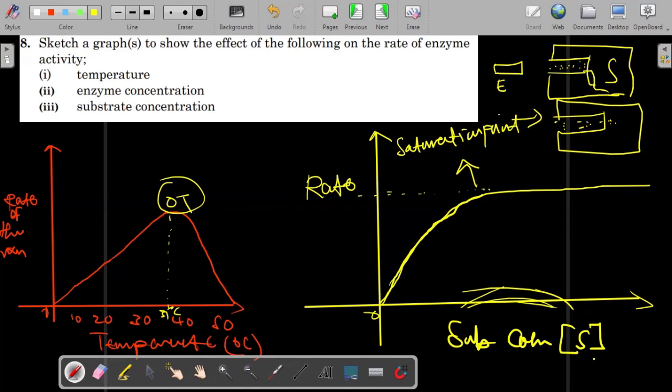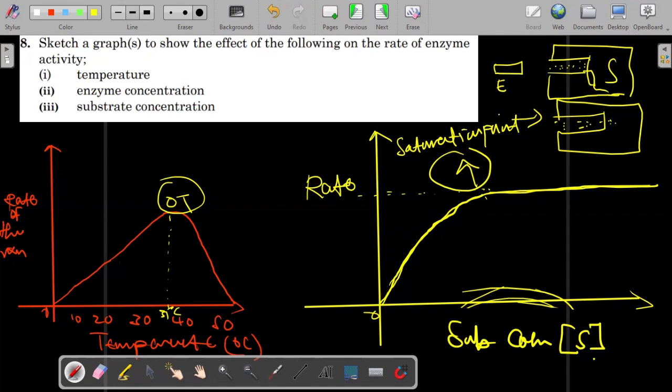It will reach a point where you have no enzymes left to bind on the active sites of the substrate. So your reaction will stop increasing and it will level off like that. We also call that point the saturation point. So when you talk about the enzyme concentration or the substrate concentration, the effect that they have is more like the same, because they will increase, and then when they reach the saturation point, the reaction will just level off.